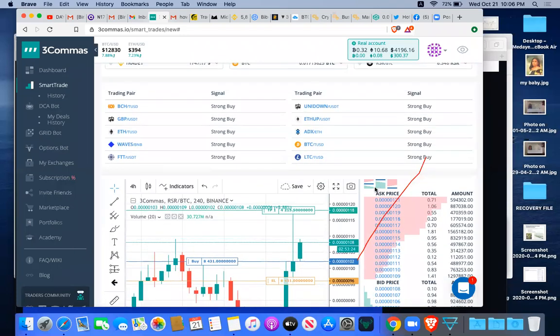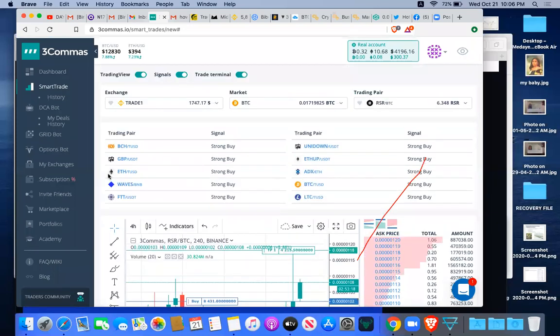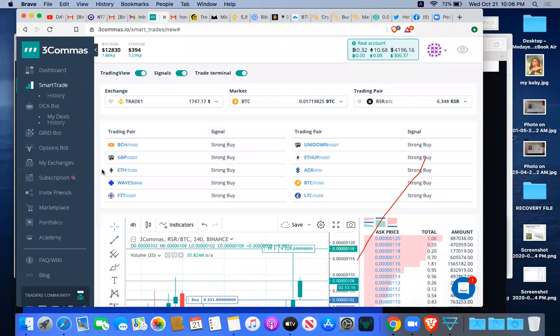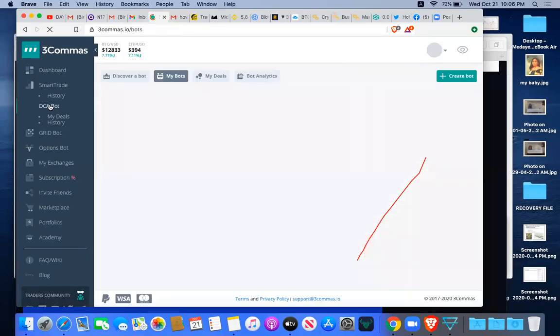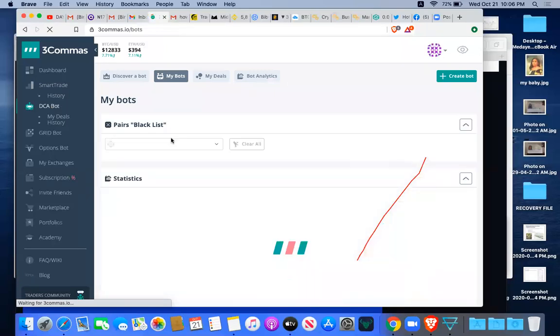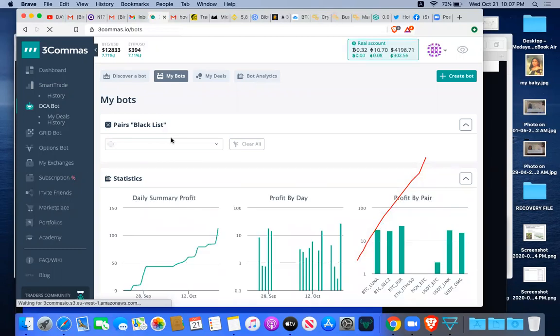Wow, this guy's okay. This RSR is not resting at all. So that's a smart trade, you know. So smart trade is similar to just your normal trade and all of that. But this is the one that they are guarding the bot, all right? So the smart trade just gives you an ample opportunity for the terminal where you can use your 3Commas to visit all your exchanges and set the markets, all of them.